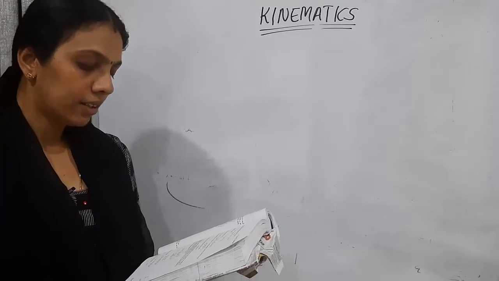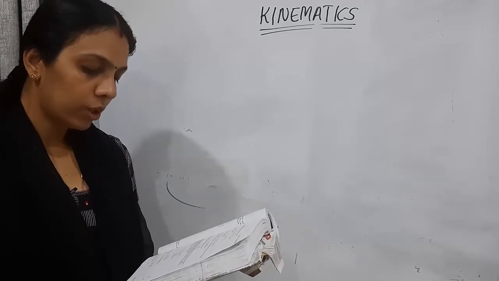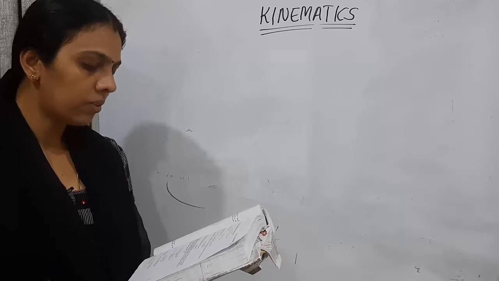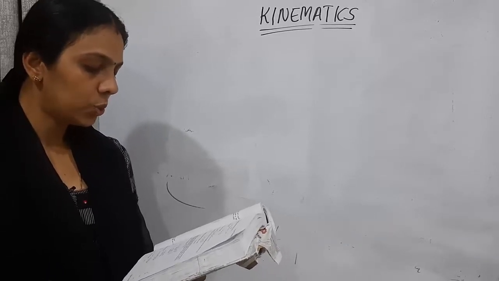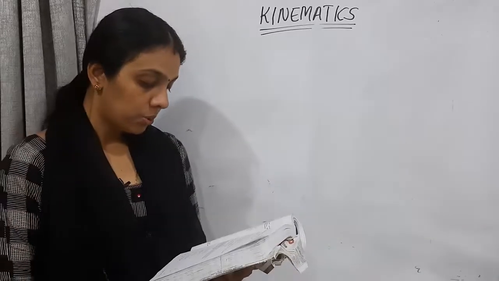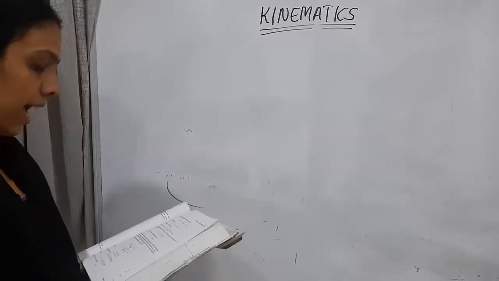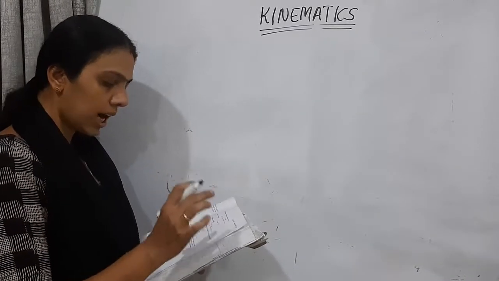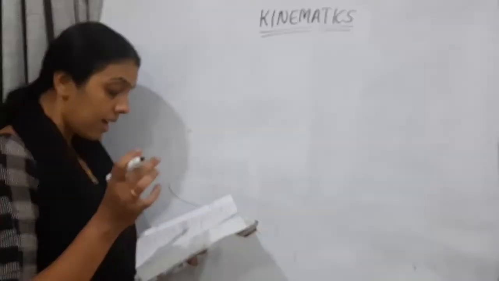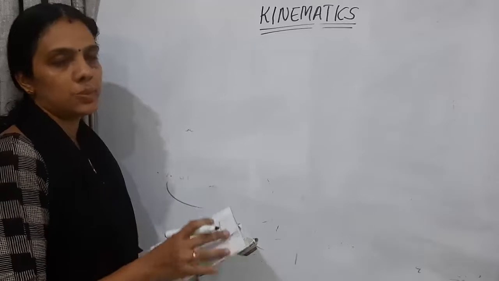Show that the final velocity is the same as if the whole distance is covered with a uniform acceleration (a1 plus a2) by 2. So here a particle starts with an initial velocity and passes successively over the two halves of a given distance with constant accelerations a1 and a2 respectively.